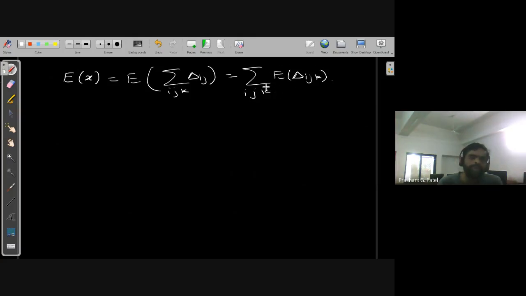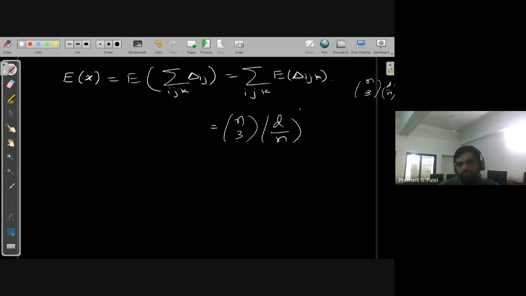But what will be the expectation of delta ijk? As I told you, the probability of choosing 3 vertices out of n vertices is NC3, and the probability of presenting all the 3 edges is d by n cube. So that's why it is NC3 into d by n whole cube.